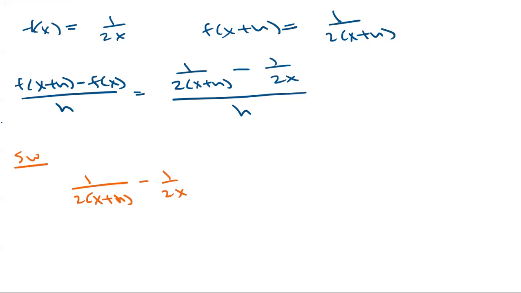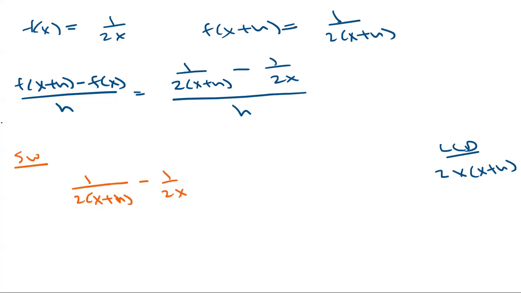So our LCD in this case is 2x and then x plus h. Okay, that's going to be our LCD because we have the 2x here and we need the x plus h. We already have a 2, so we don't have to say that again. So those are the three parts we need: 2, the x, and the x plus h.